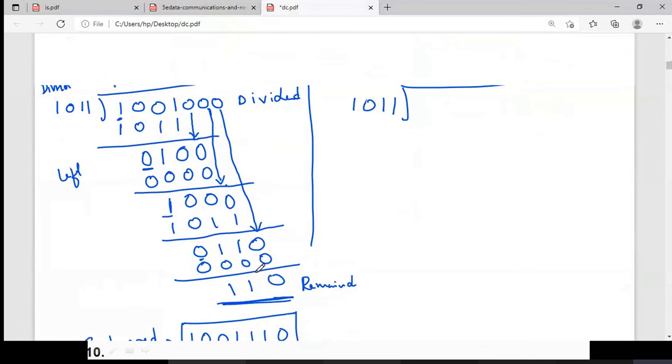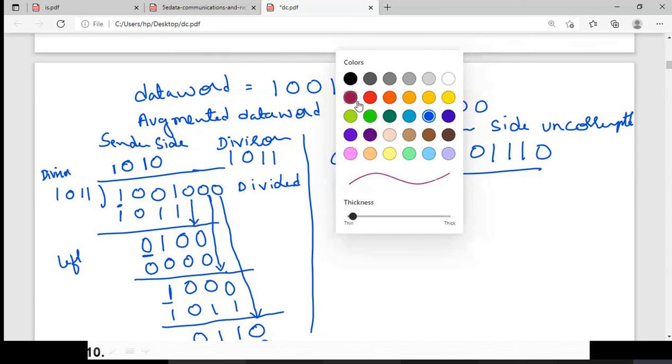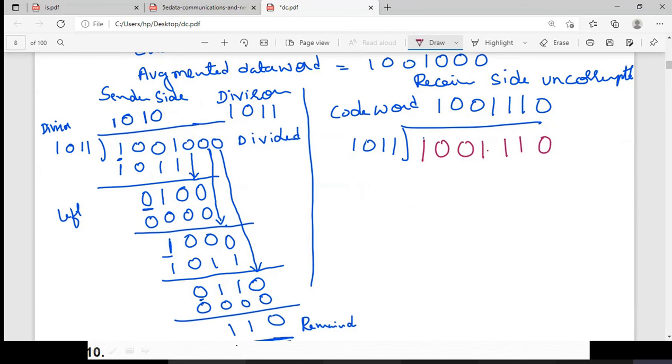This code word received at the receiver side, just write as it is: 1 0 0 1 1 1 0. Now use the same procedure I used for division. This is the code word, this is the divisor. Now calculate the division. What is the leftmost bit here? It is 1. So write 1 in the quotient, 1 into divisor.